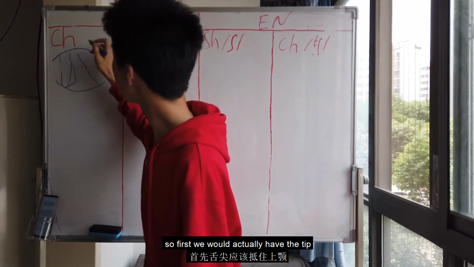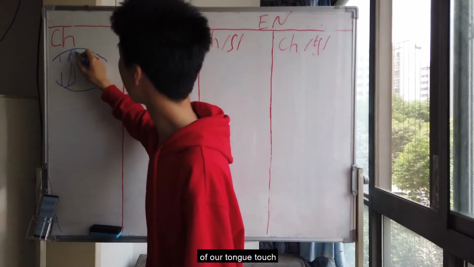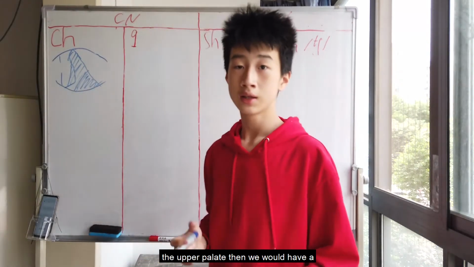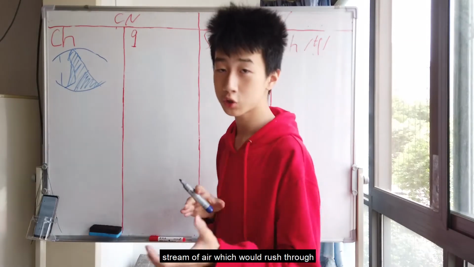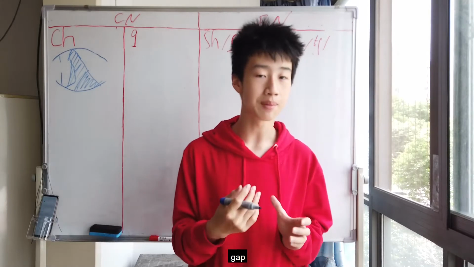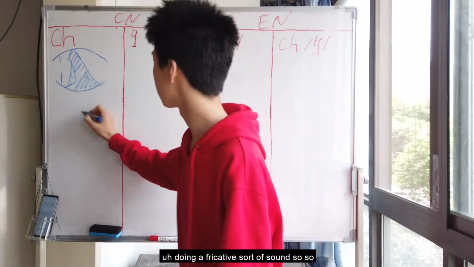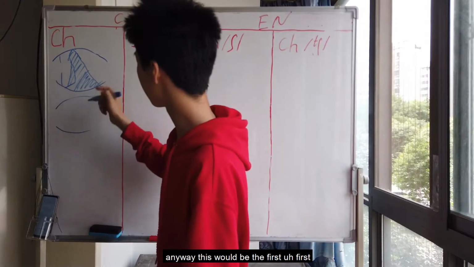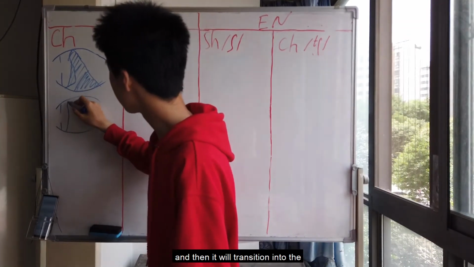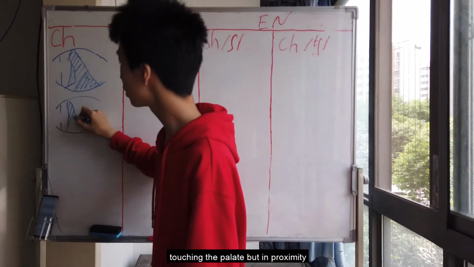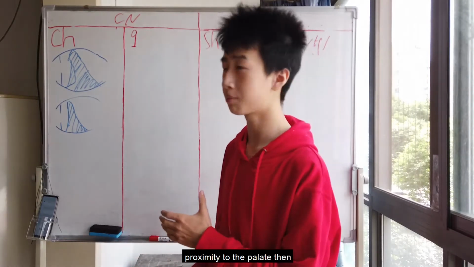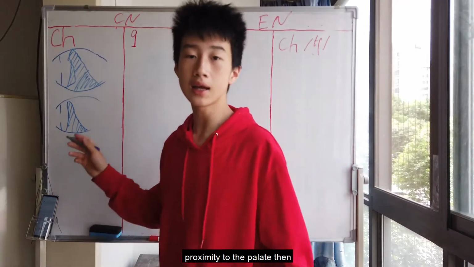First, we have the tip of our tongue touch the upper palate. Then a stream of air rushes through and squeezes a gap, and to maintain the gap, it makes a fricative sound. That is the first phase, and then it transitions into the tongue not actually touching the palate, but in very close proximity to it.